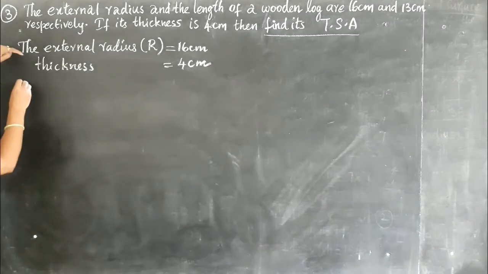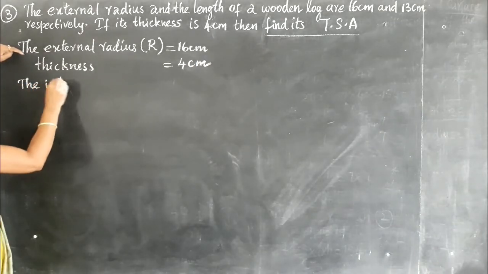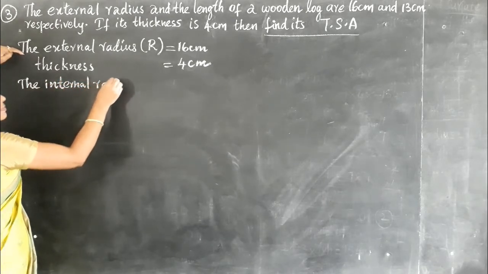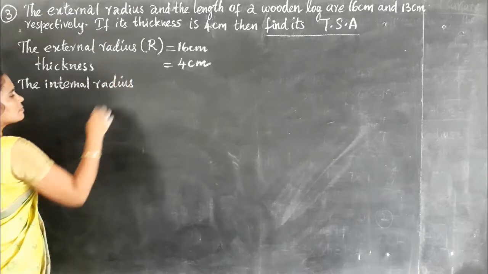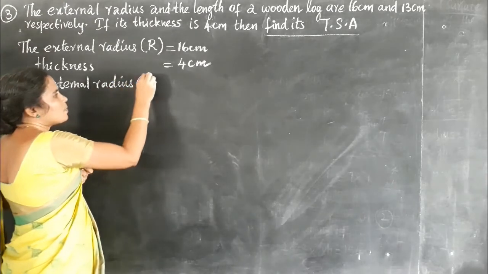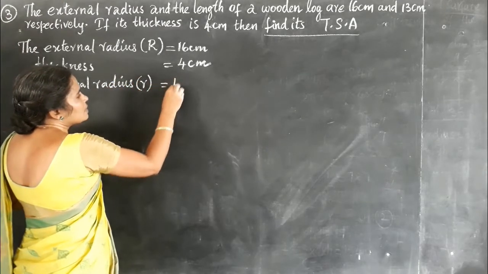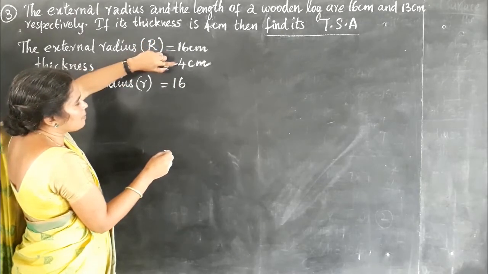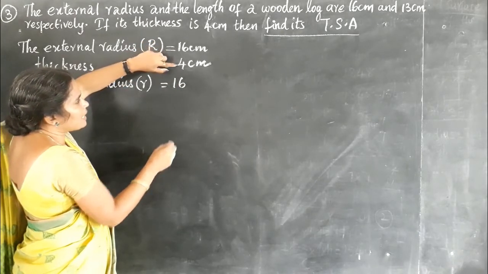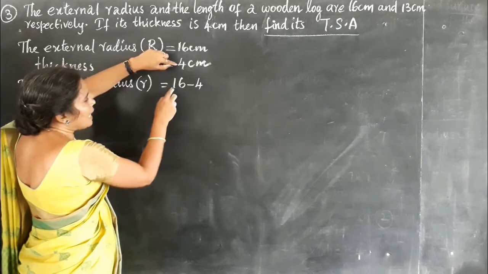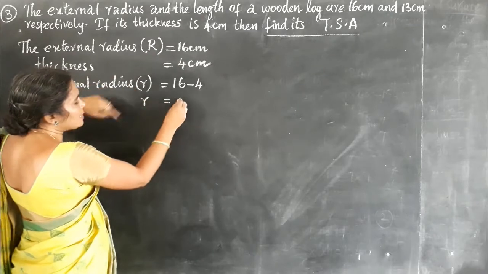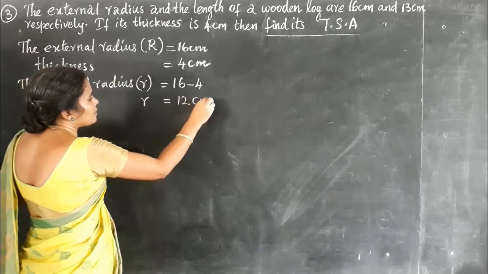Okay, and to find the internal radius, small r is equal to 16 minus thickness. If you subtract capital R minus the thickness, therefore small r is equal to 12 centimeter.